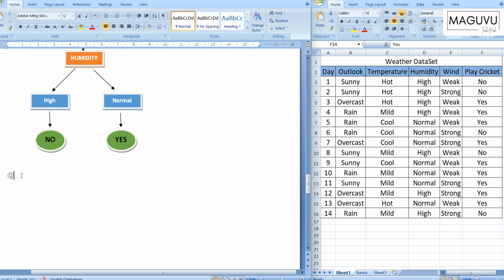So let's say at overcast, and then let's just put some notes there.